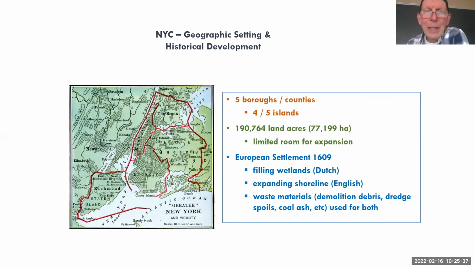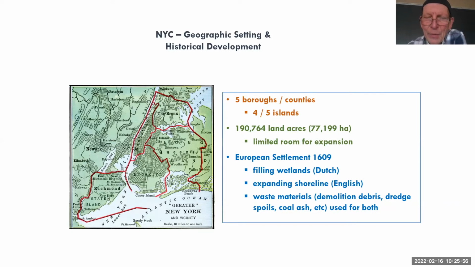Let's talk a little bit about the historical development. There are 5 boroughs or counties, and 4 of the 5 are islands. It's not too terribly big, and there was always limited room for expansion.